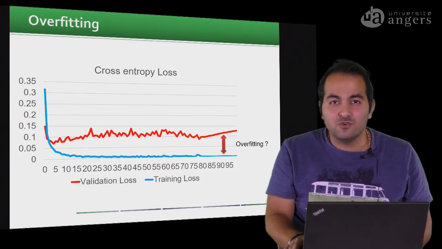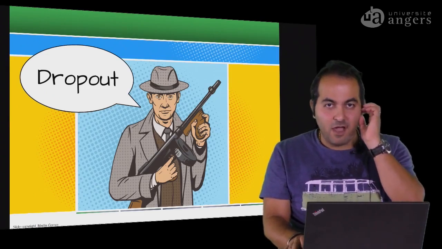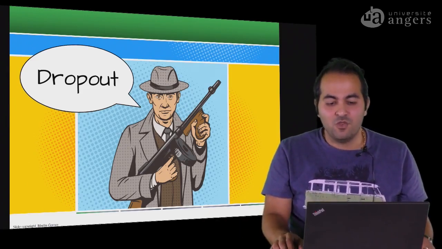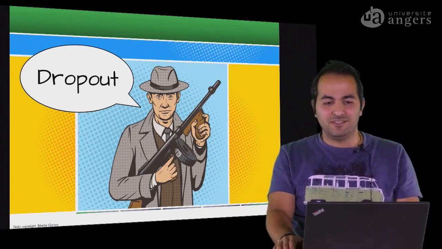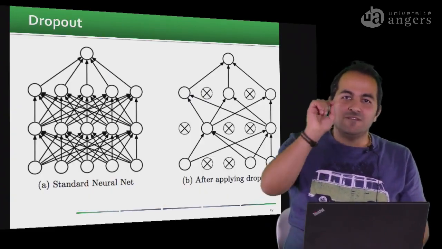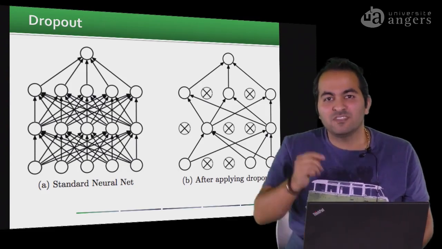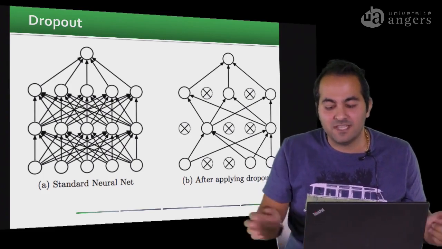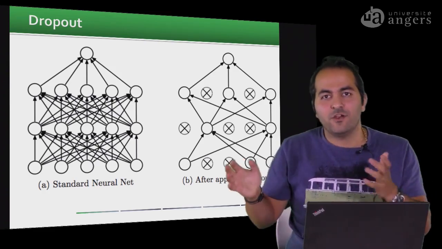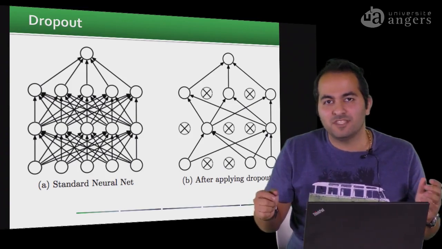To solve this problem, one of the options that we can use is dropout. What we do in dropout, if we assume such a model, is actually turn some of the neurons off in our training model. For example, we say we want to shut 50% of the neurons down.